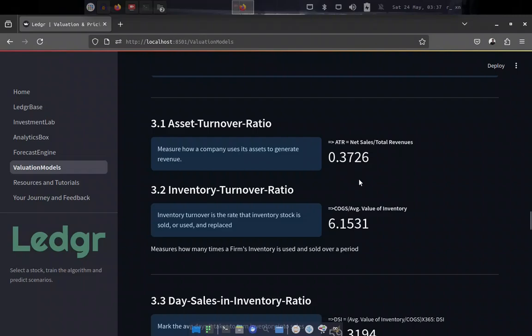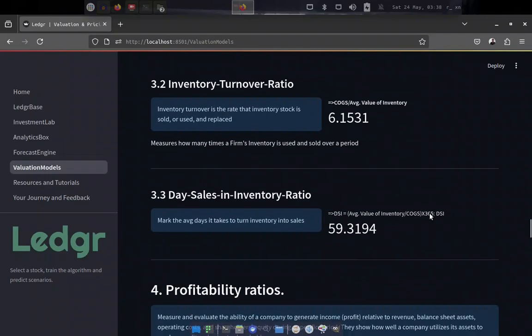And this is the inventory turnover ratio, which means that if a company makes a certain amount of goods, this is the time it would take to clear out the inventory. It can also be calculated as the COGS divided by the average value of the inventory.